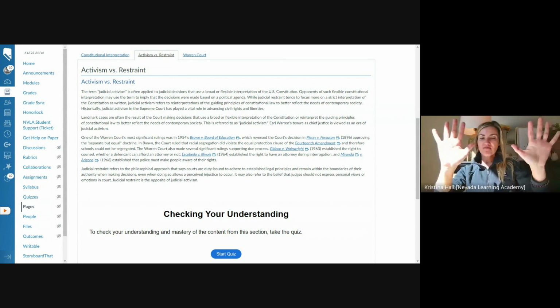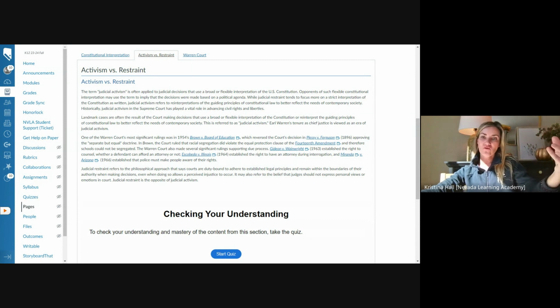So same issue of dealing with segregation. One took a restraint approach, which was Plessy versus Ferguson, using literal interpretation. And then Brown versus Board of Education, dealing specifically with segregation within schools, took a more activist approach to interpreting, going into the 14th Amendment and therefore justifying a change of that ruling.